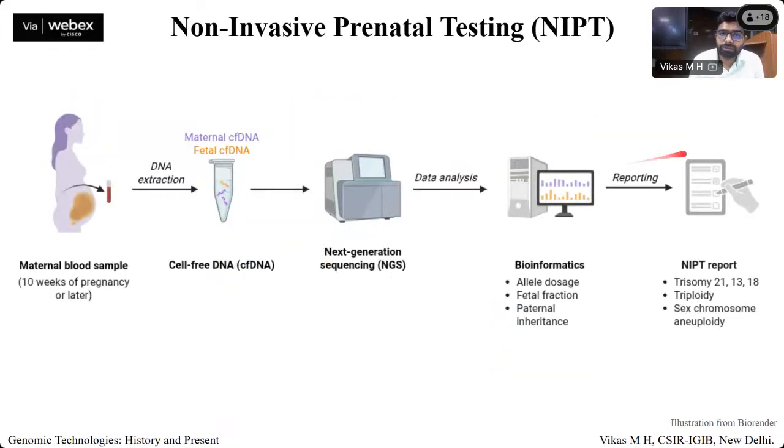And when it comes to prenatal care, without any invasive methods, you can isolate the DNA from the maternal blood. There is a certain basal level of release of some DNA from the baby into the mother's blood, which is called cell-free DNA.